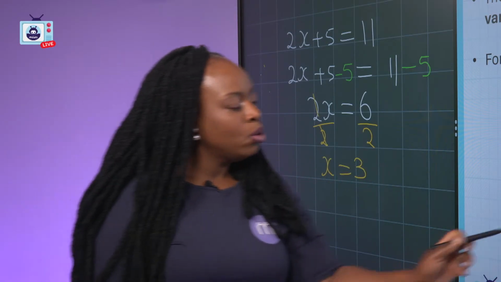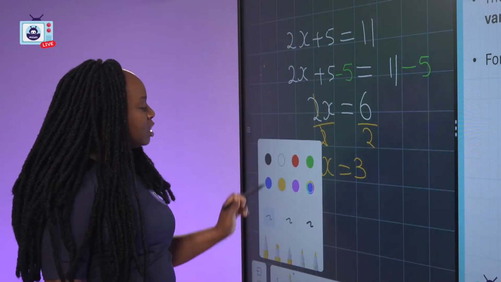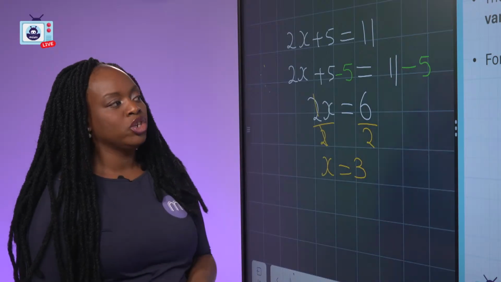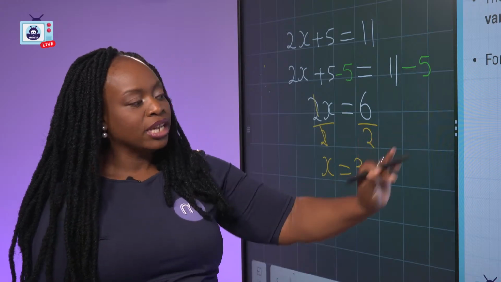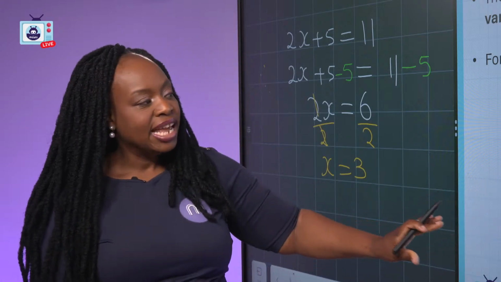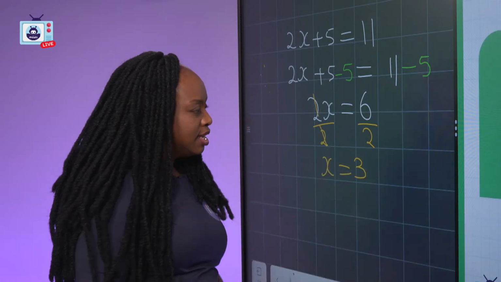So that's how we have x being equal to 3. This is how we deal with linear equations or any other equations when we are solving for an unknown. In this case, we are solving for x. I hope you guys have managed that and you have understood how it moved from the given equation up until where x equals 3, right?